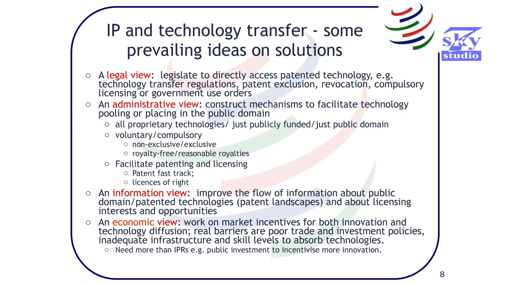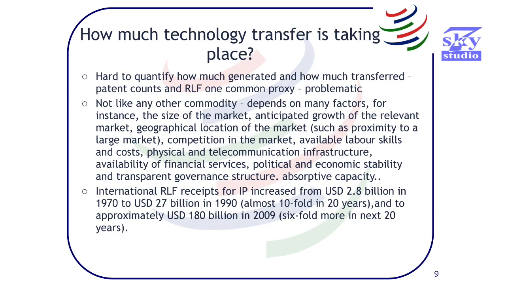And this is really linking back to the figures I'm going to show in a minute about the situation in Russia. I would suggest that probably it does make sense to think about, first and foremost, this economic view, to see what can be done to actually create good conditions for technology transfer to happen.